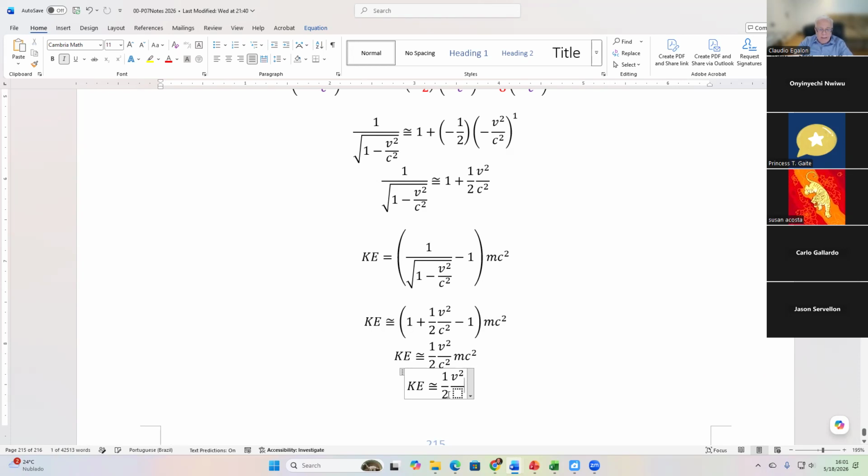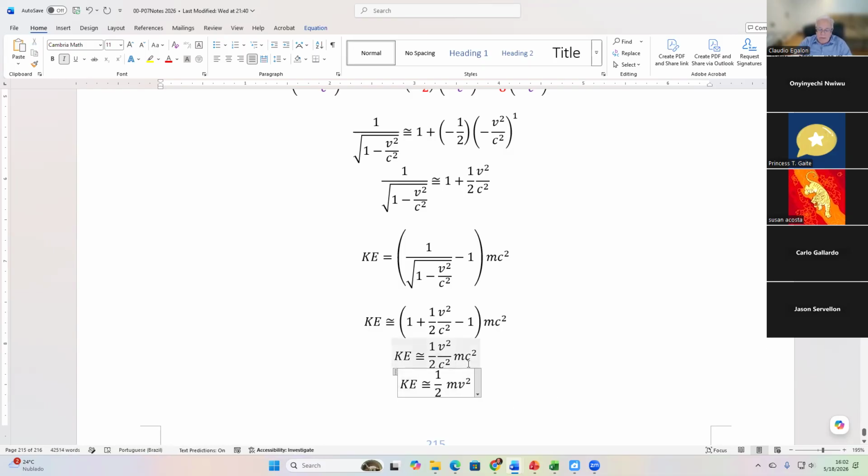We get exactly that expression for the Newtonian kinetic energy, which is nothing but an approximation to the relativistic kinetic energy. Okay?